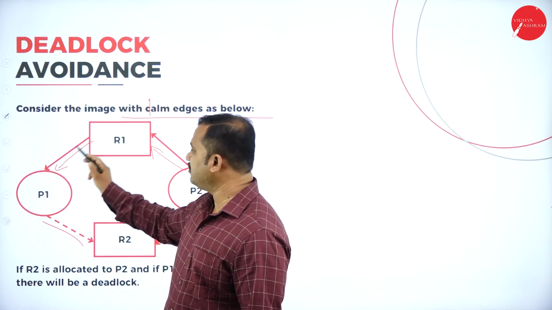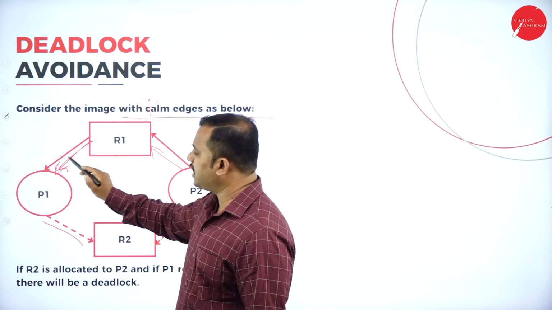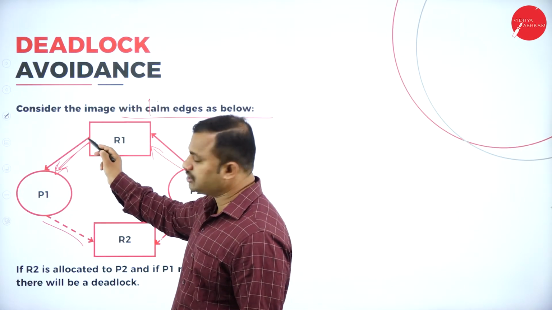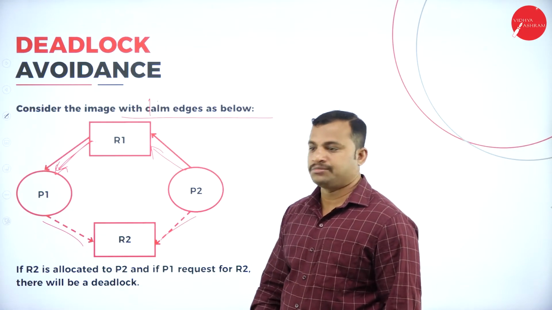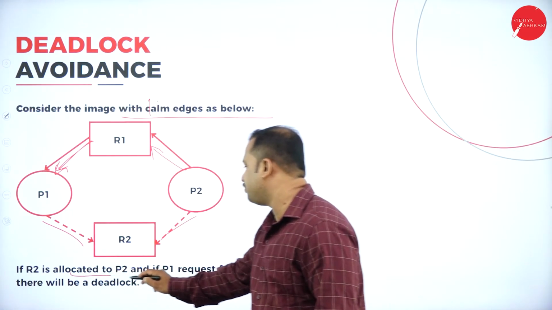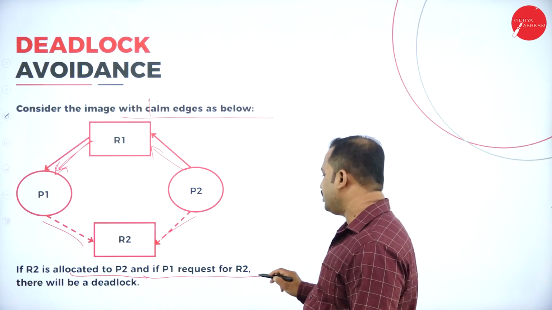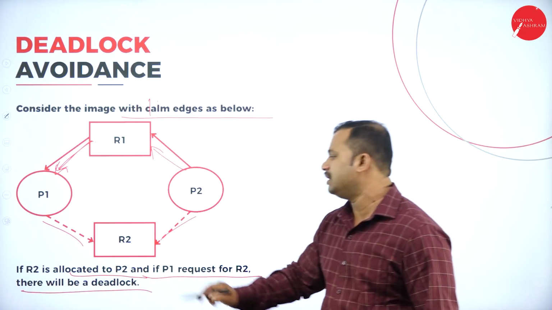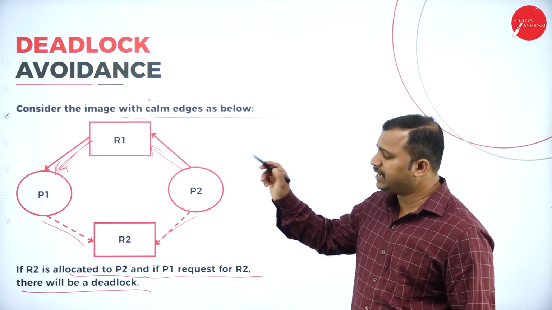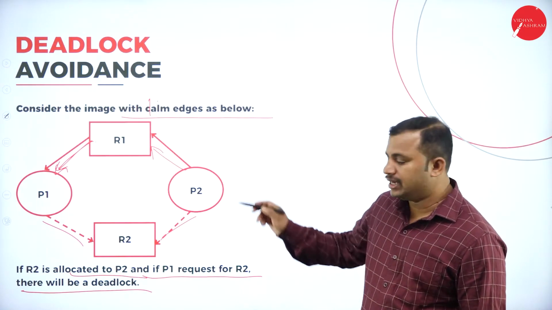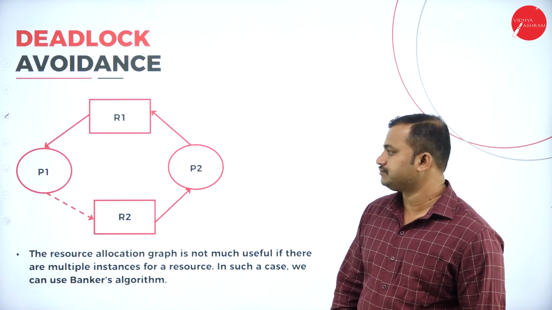Here, we have resource R1 already assigned to process P1. In addition to R1, P1 also requires resource R2. That means R2 is allocated to P2, and if P1 requests R2, there will be a deadlock, because both of these processes are competing for resource R2. That's why we have a deadlock there.